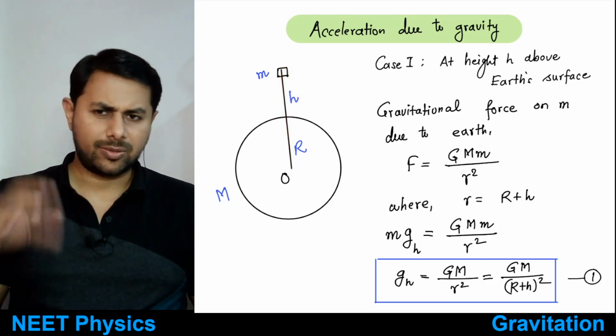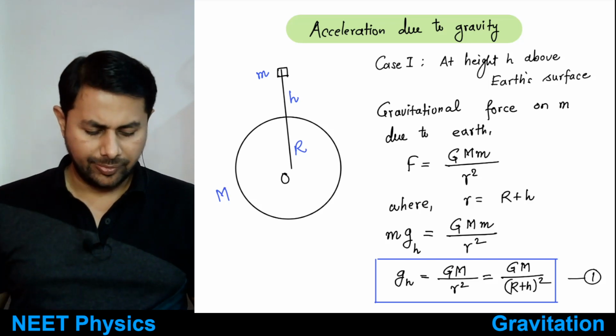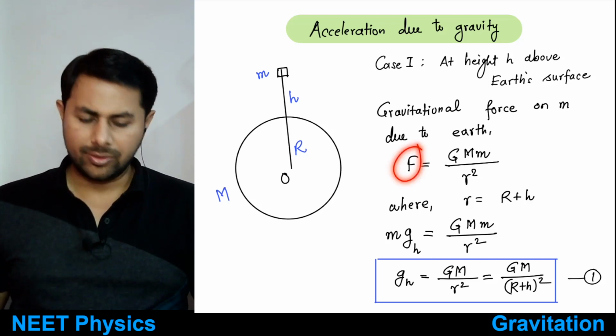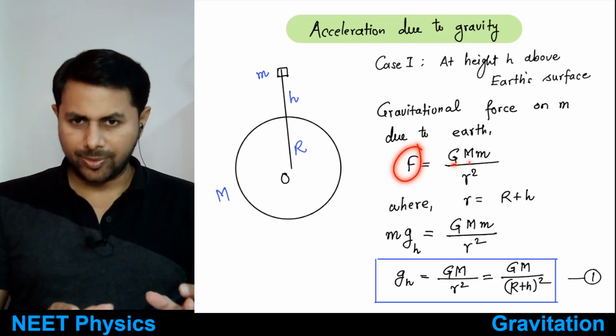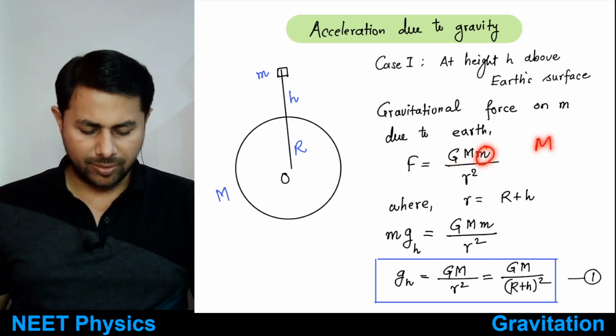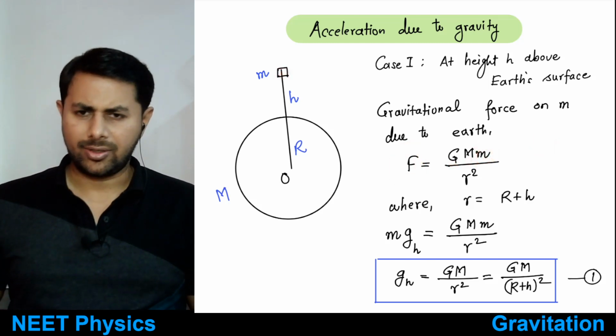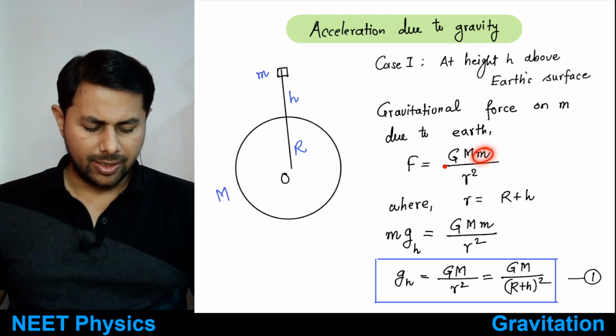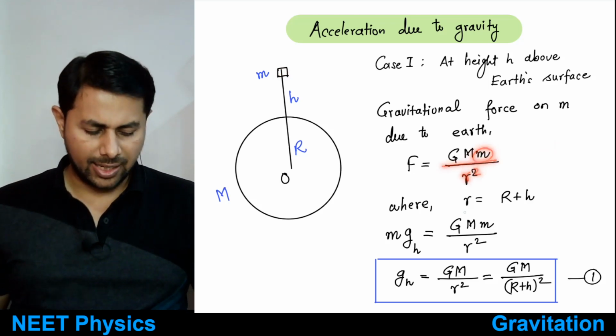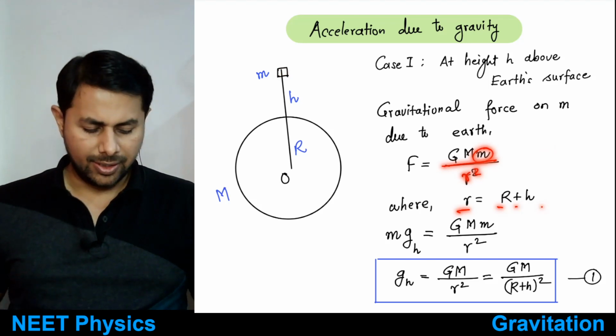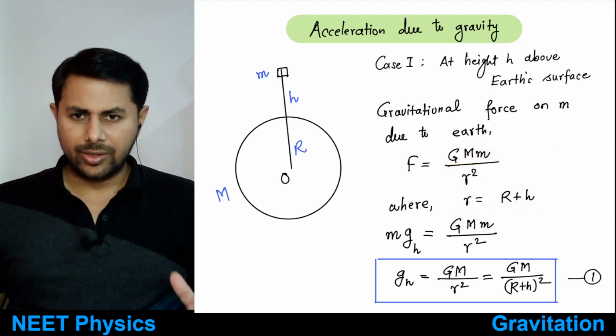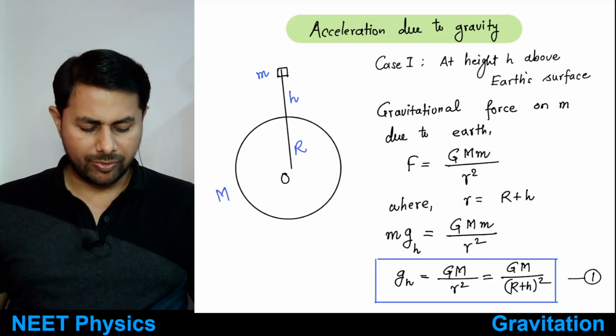It can be anything, suppose it's a satellite. So the force is equal to G times mass of Earth, which is capital M, mass of this satellite or any object, which is small m, divided by distance square, and this r is equal to R plus h.